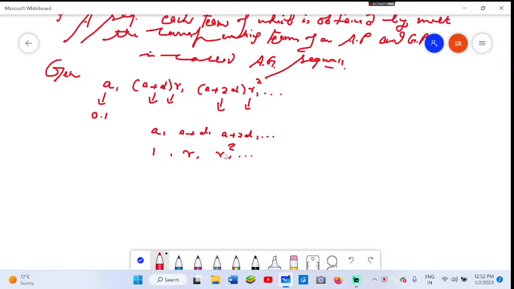So here the nth term of AP is a plus (n minus 1) into d, and the nth term of this GP is a into r raised to power n minus 1, and here of course a is equal to 1, so it becomes r raised to power n minus 1 because we have assumed GP with the first term as 1.